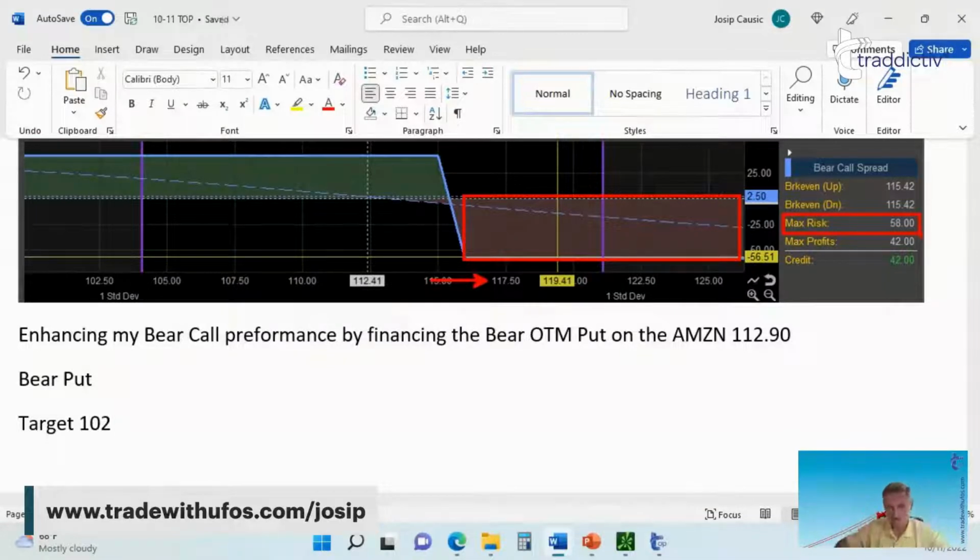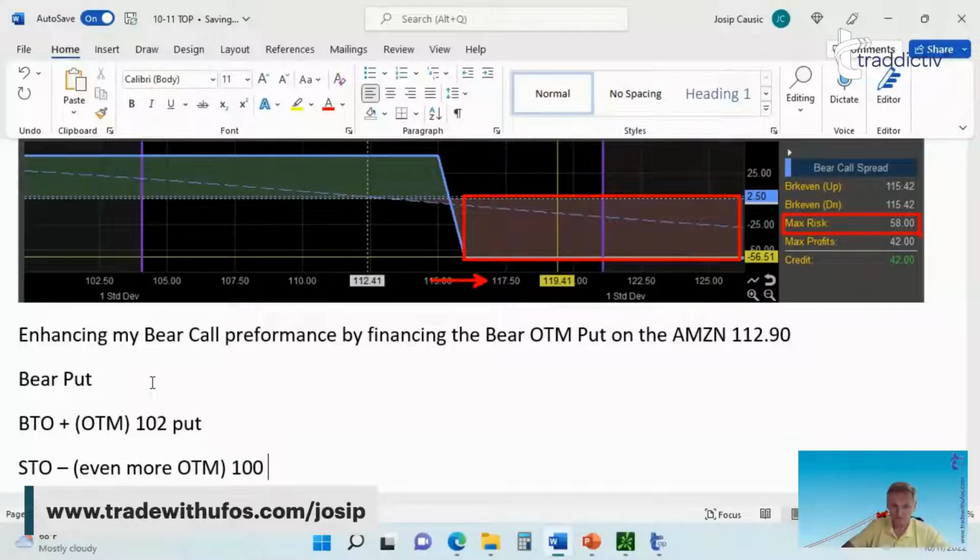Let's not complicate it. 102. And I have here a bear put spread in which I bought, which is currently out of the money, the 102 put, and I sold to open, which is even more out of the money, the 100 put.